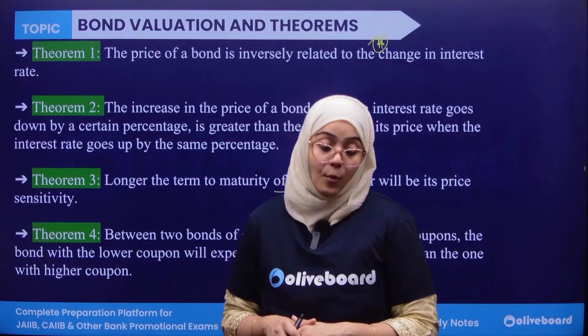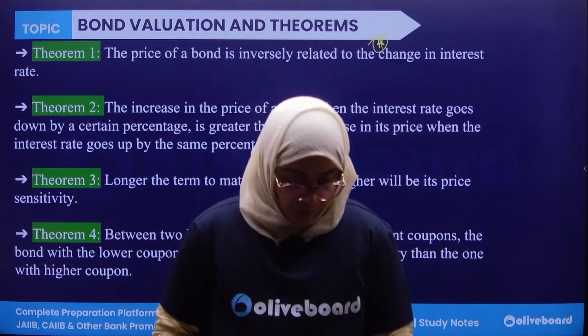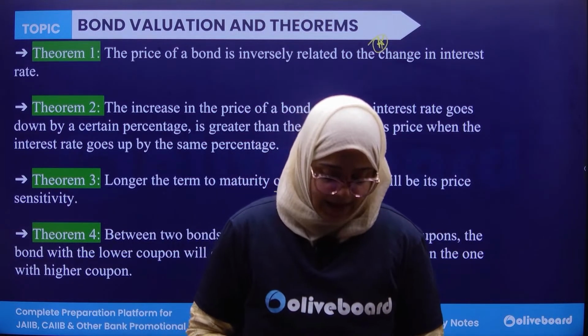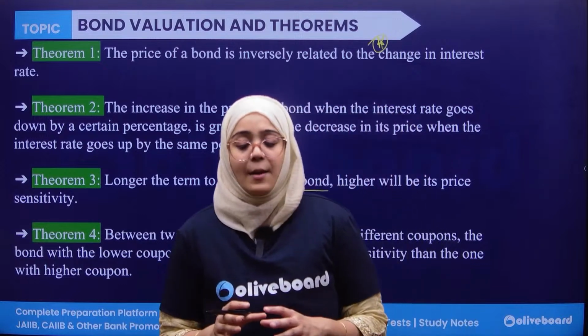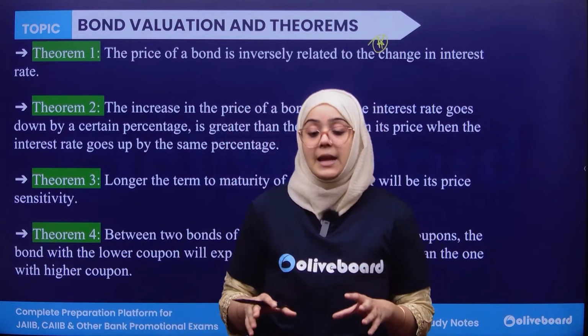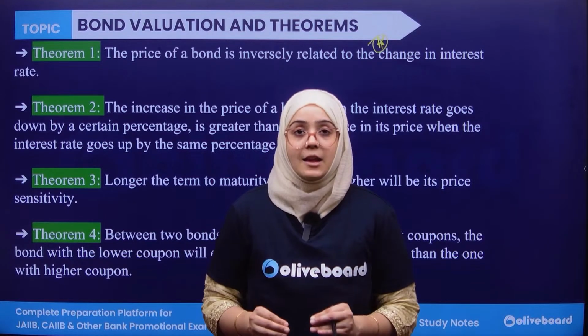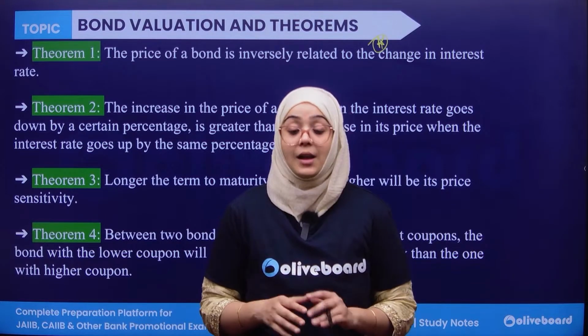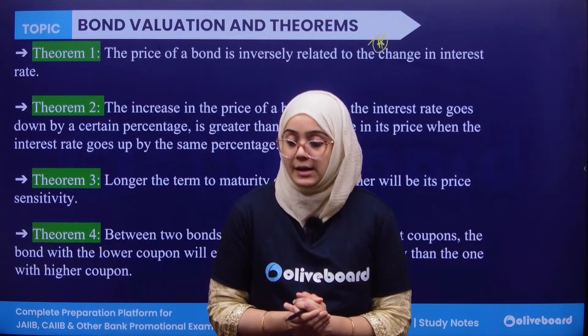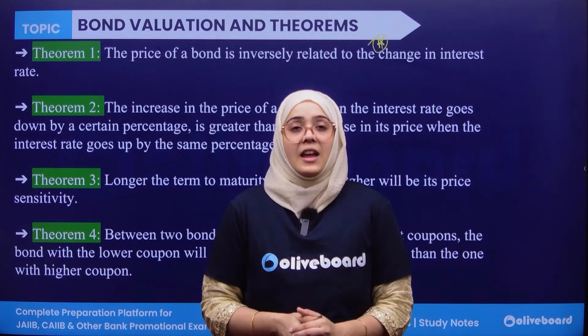This is a very important theorem for all of you. Now, the questions can be very tricky and complicated from these bonds. If you want to practice questions, I am telling you, just enroll in the Crackers batch which is currently going on in the Oliveboard app.